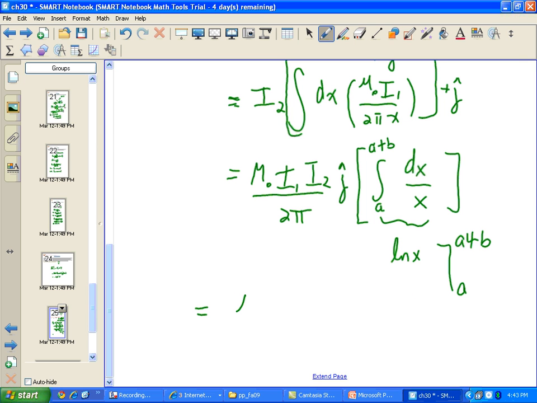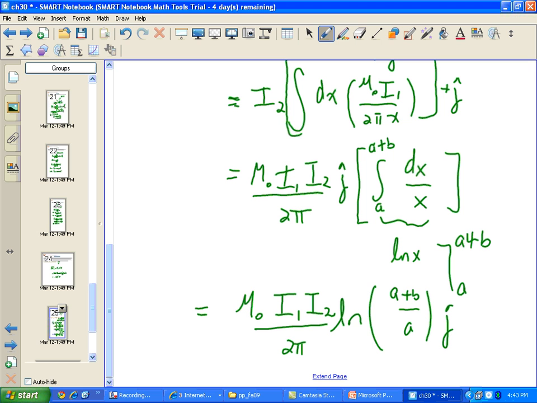And so what we're going to be left with here on the top part is mu naught I1 times I2 divided by 2 pi ln of (a plus b) over a, and this is in the j hat direction. So this is the magnetic force for the top part of the loop.